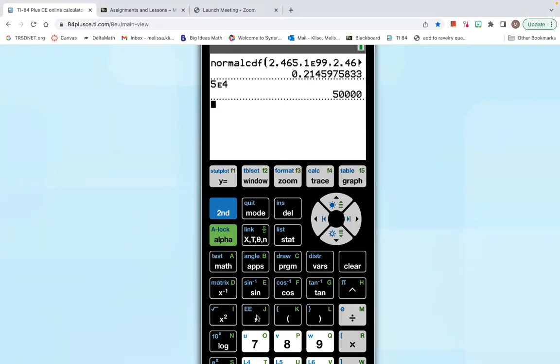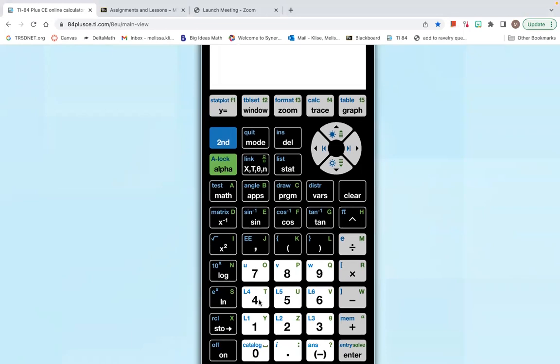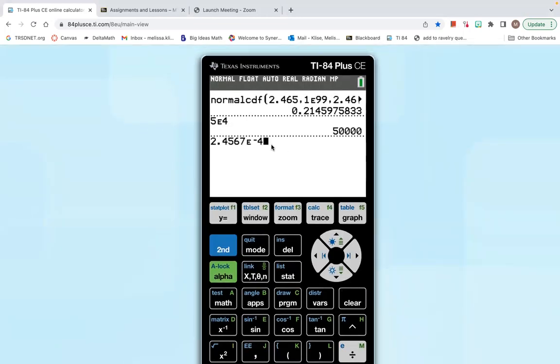Sometimes you'll get answers that look like 2.4567 E -4. That is 2.4567 times 10 to the negative fourth power. You'd have to move your decimal point 4 places to the left to get the actual number.